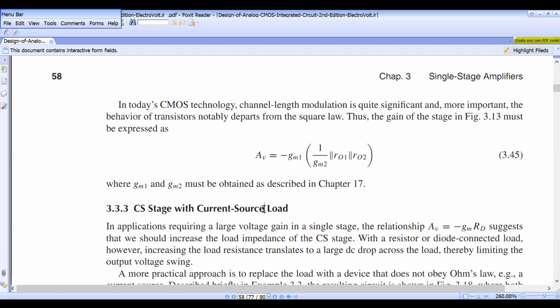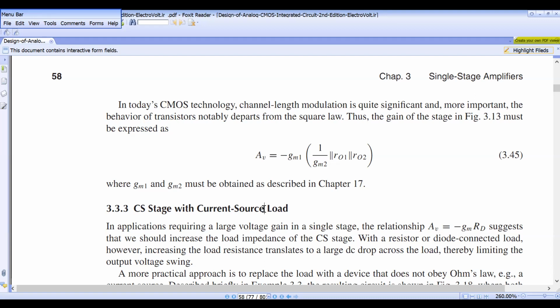V is equal to Ri. Either resistance or current increases. So if you want more drop, more resistance is required. That means they are following Ohm's law.